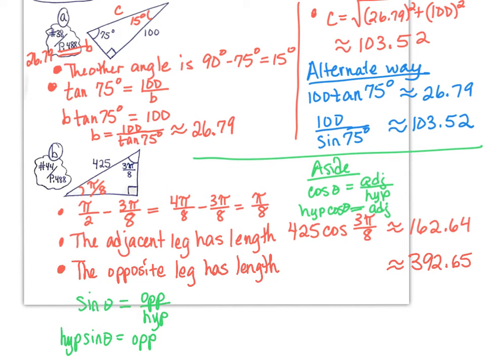So, in other words, here, you would have 425 sine of 3 pi over 8. And again, either way is sufficient. The way that I've learned it was always using the Pythagorean theorem. But this is another way you can do it.